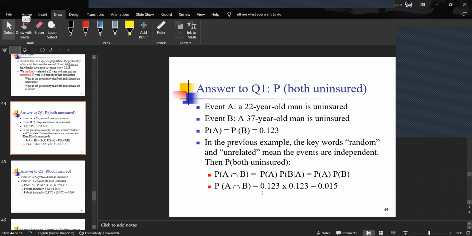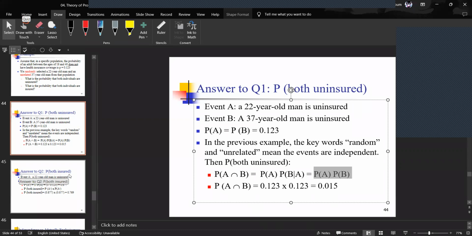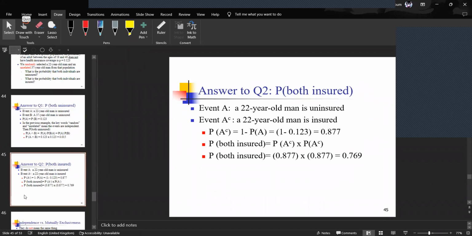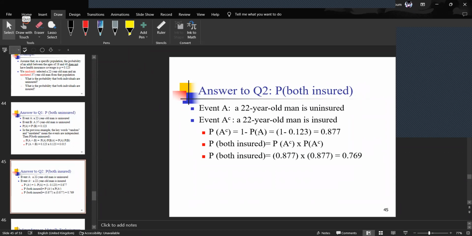And so the probability of A multiplied by the probability of B given A just becomes the probability of A multiplied by the probability of B. We replace this with numbers, and we end up with 0.123 multiplied by 0.123, and that equals 0.015. And then the second part is that they both have insurance.